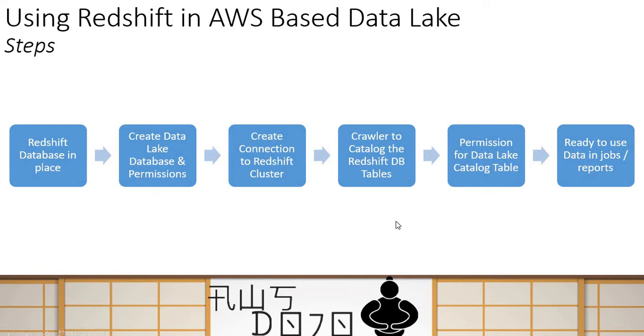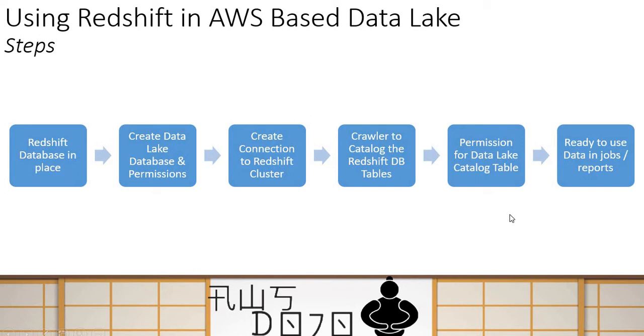Then you need a crawler, which crawls your Redshift database and registers it as a catalog table in your data lake. By cataloging your table into the data lake, you are making your data discoverable and accessible through this catalog.